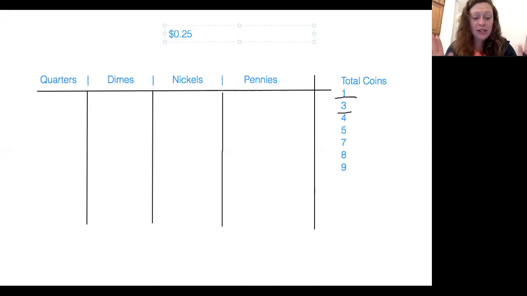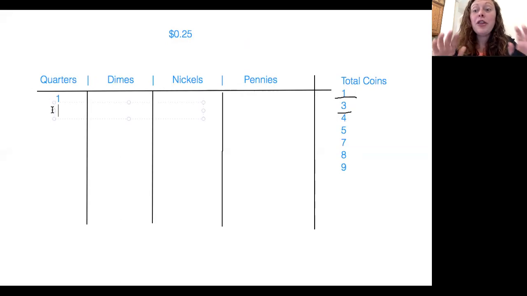I don't know how to do the cents mark on my computer, so we're just going to do dollars with a decimal. If I was doing 25 cents and I had one coin that I was using, would I have 1 quarter, 1 dime, 1 nickel, or 1 penny? That's right. I would have 1 quarter. So let's do 1.